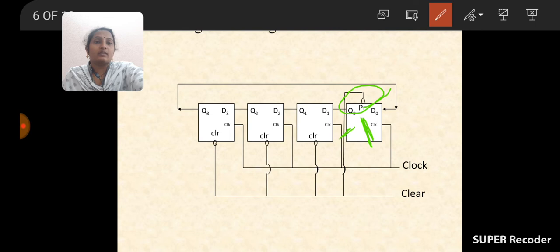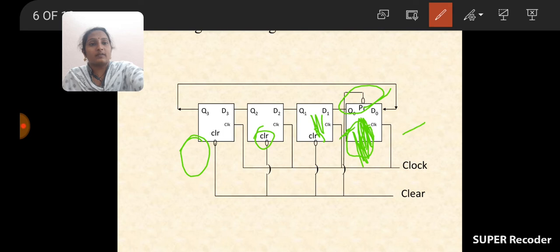Afterwards, Q0 is given to the next input, D1. Now Q1 becomes 0, Q2 becomes 0, Q3 becomes 0. For the first clock pulse, Q0 becomes 1. For the second clock pulse, this bit is transferred to Q1, and the remaining Q2 and Q3 are 0.